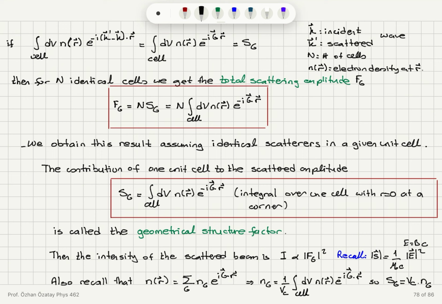the contribution to the scattered intensity from one unit cell. We have the total scattering amplitude F sub g, which is the number of cells times Sg.